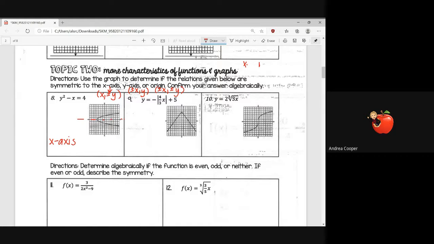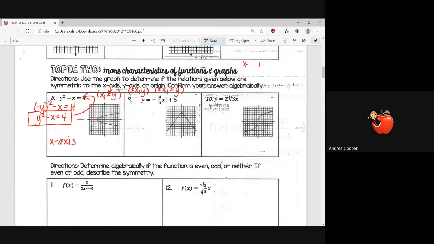It's not symmetric with the y because it doesn't fold over nicely. For the x-axis, you would do -y squared minus x equals 4. Y squared minus x equals 4. These are the same, so that means it is symmetric with the x-axis.